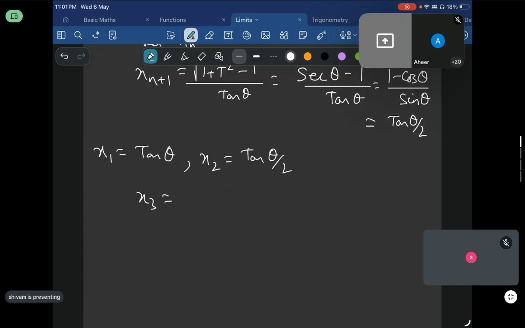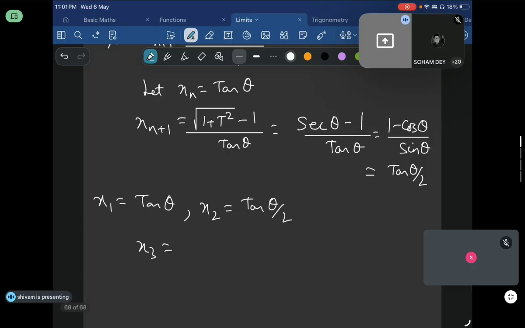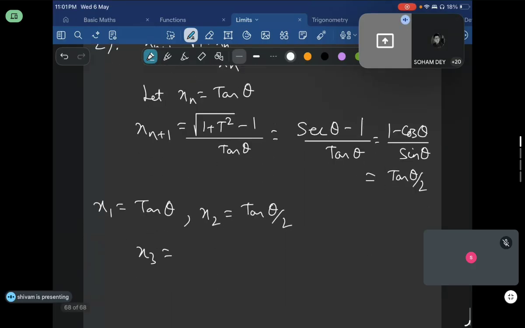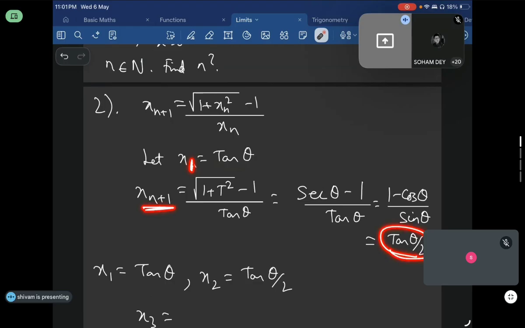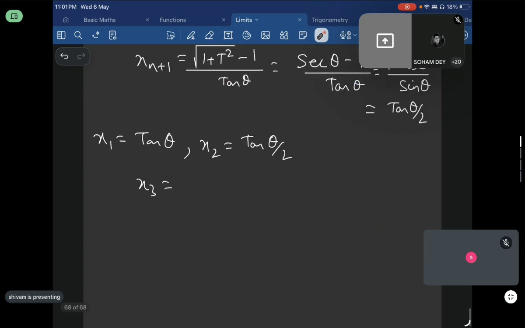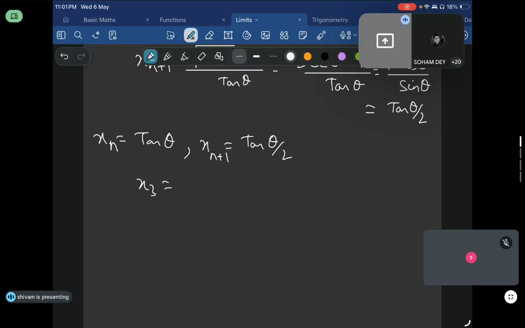Sir, how is x1 tan theta? Wait a minute. I have taken xn is equal to tan theta. Right. So if x1 is equal to tan theta, what will be x2? x2 is equal to tan theta by 2. I took xn equal to tan theta, I got x(n+1) as tan theta by 2.